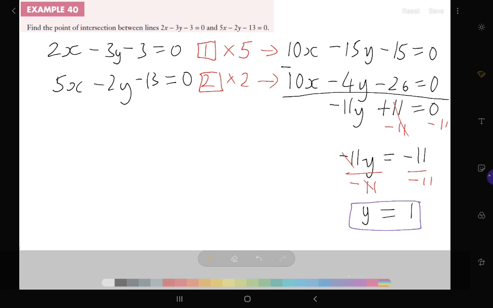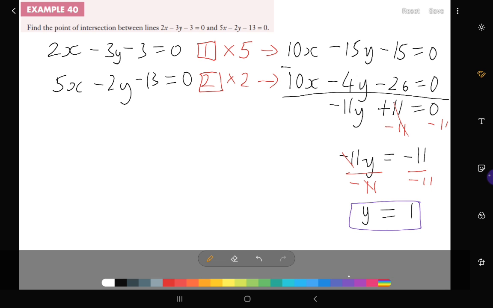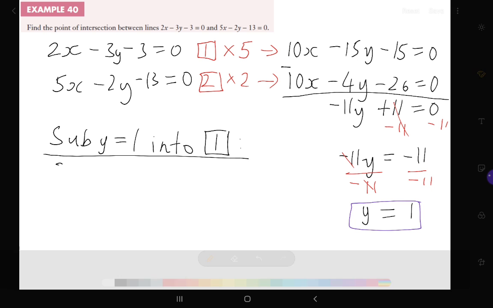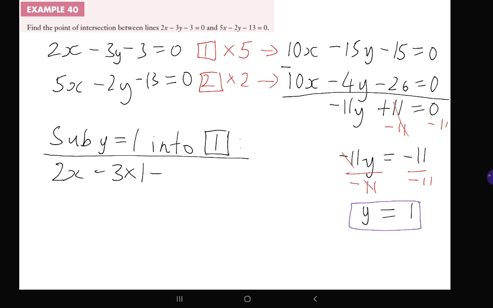So that's our y term, and then we can use that. So now we can substitute y equal to 1 into equation 1. So doing that gives you 2x minus 3, so instead of 3y, 3 times 1, minus 3 equals 0.